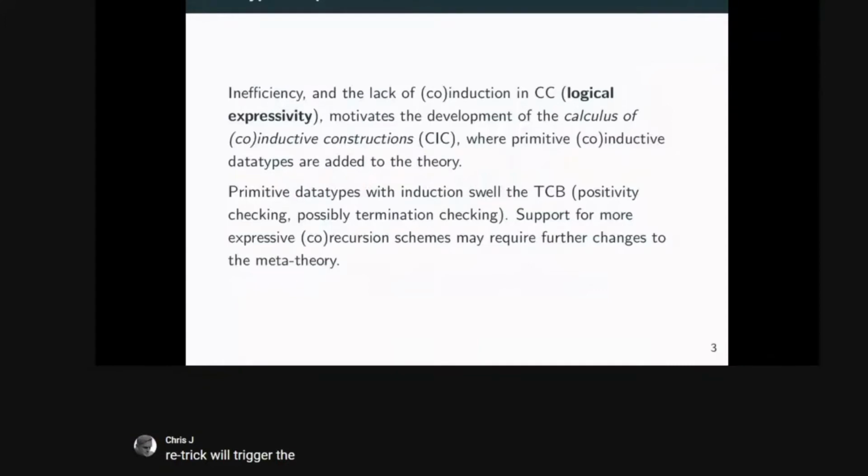If you have data type declarations within your kernel theory, this means you have to involve positivity checking. If you have fixed point notation for recursive and co-recursive functions, this means they have to do termination and productivity checking. Finally, if you want to support more expressive schemes, this may require further changes to the meta theory.